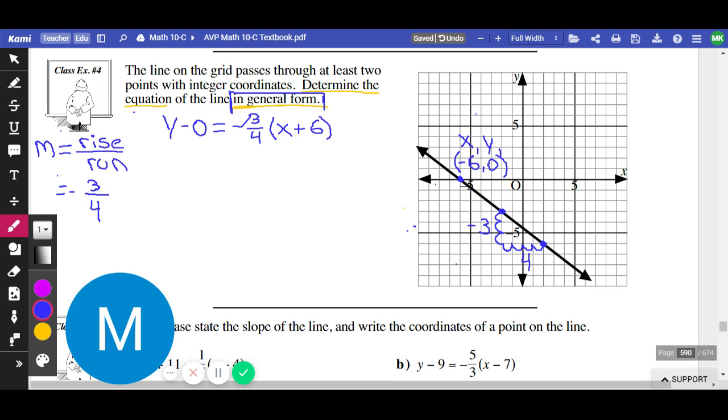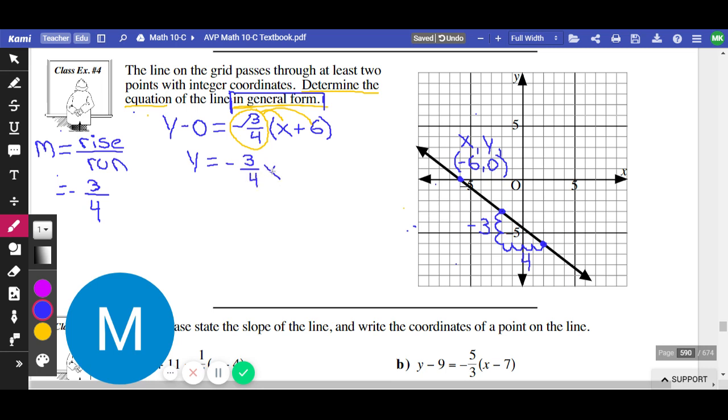The first step, get rid of those brackets. Take that -3/4 and multiply it in. This is a kind of ugly fraction you're multiplying in, so I'd probably use a calculator. I'm going to have y minus 0, which is just y, equals -3/4 times x, just -3/4x.